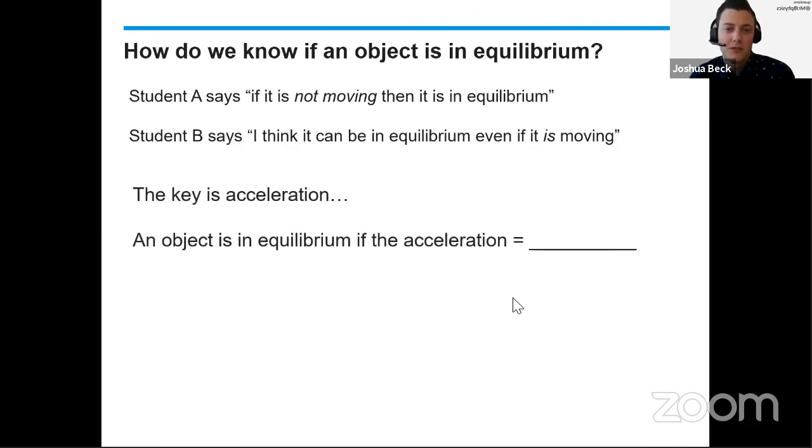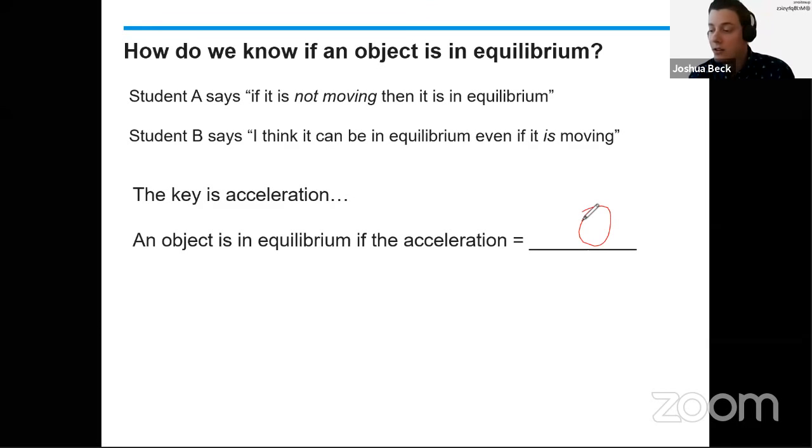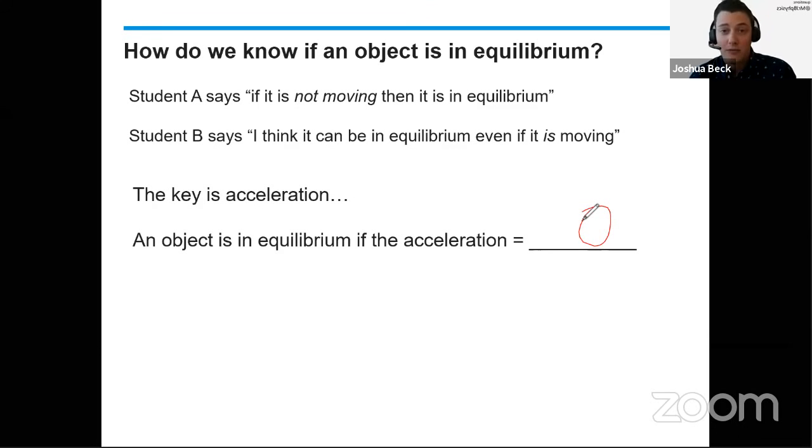See, both students are missing the key. The key to deciding if something's in equilibrium is less about if it's moving or not and more about its acceleration. So if an object is in equilibrium, then we are going to expect to see that it has an acceleration of 0.